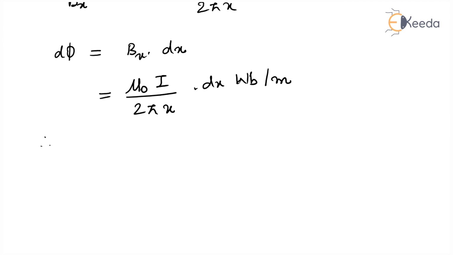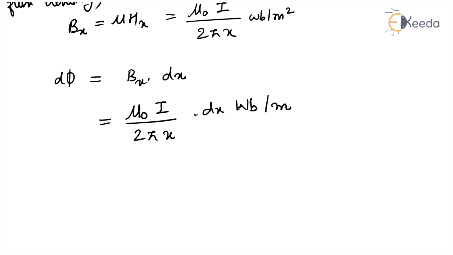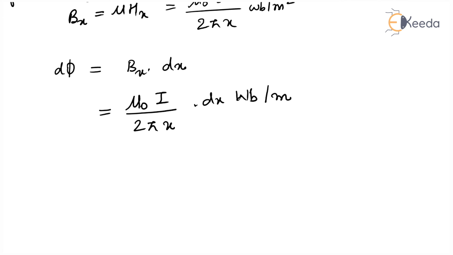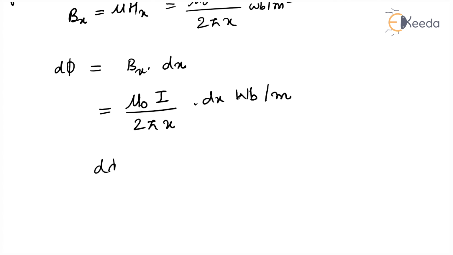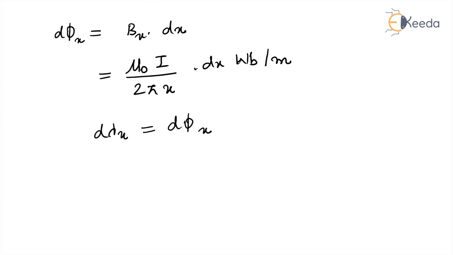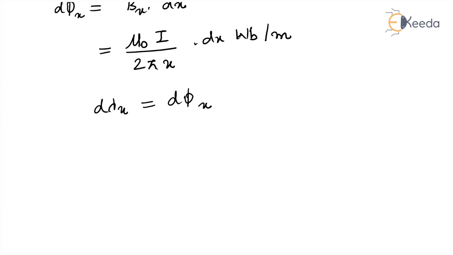Therefore, the flux linkage: the flux outside the conductor links the entire current I. Hence the flux linkage d lambda x is numerically equal to d phi x. So this is equal to mu naught I upon 2 pi x dx Weber turn per meter.